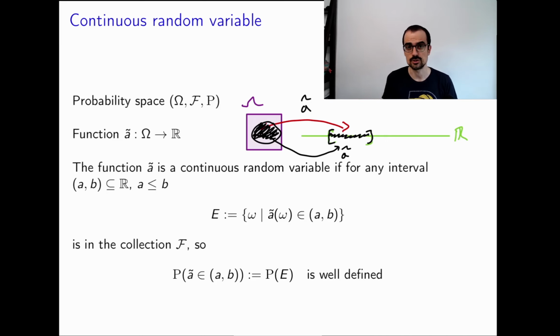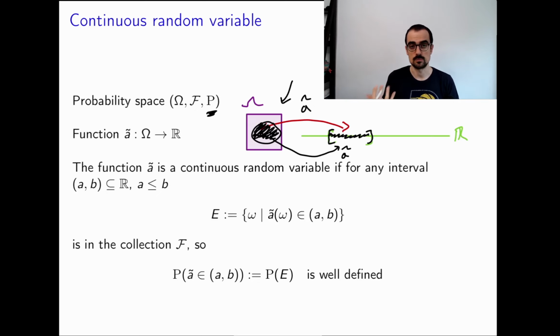Why is it called measurable? Because the probability measure of the probability space gives a probability to any such events that then map to an interval.